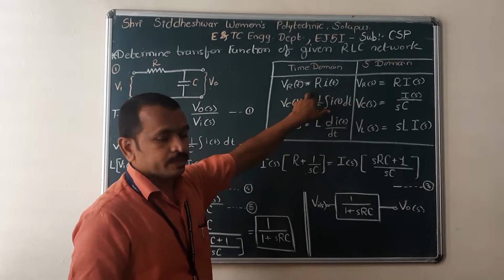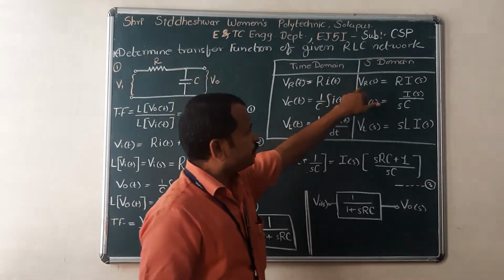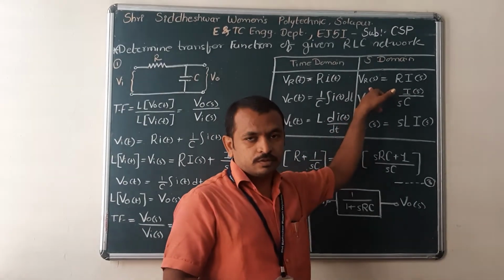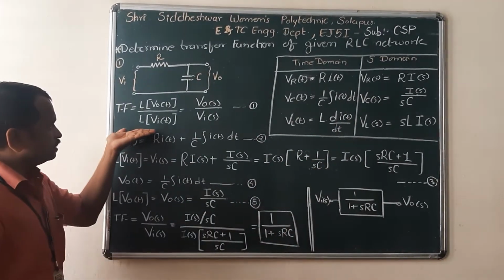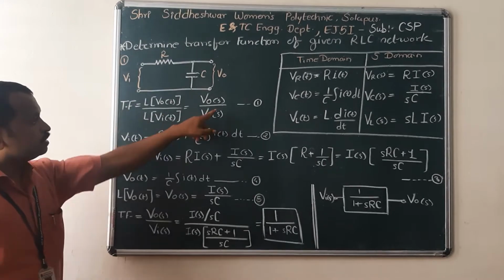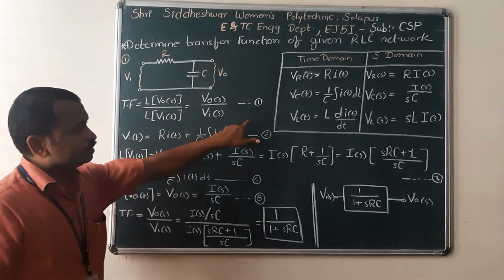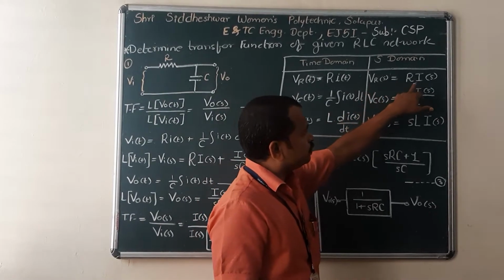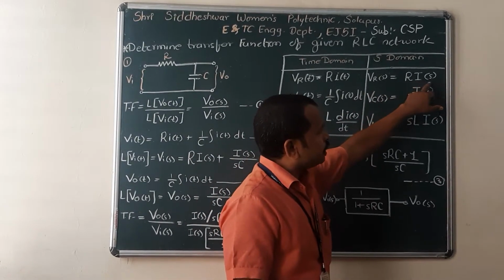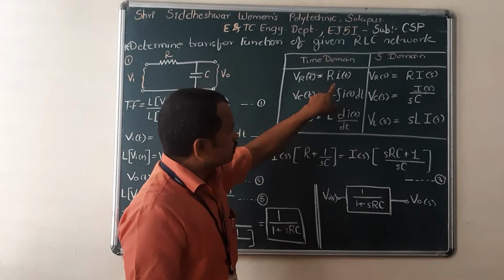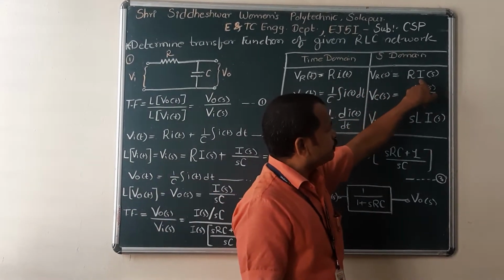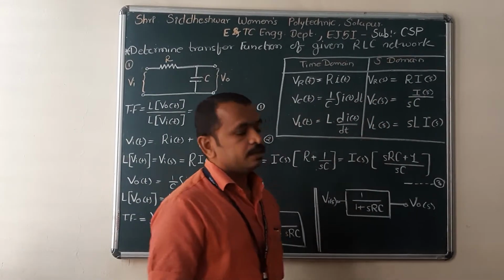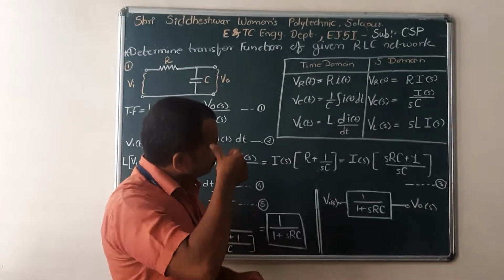This is in time domain, but we have to find it in S domain, because the transfer function is in the form of S domain. So VR of S is equal to R into capital I of S. Small i is represented by capital I and small s.